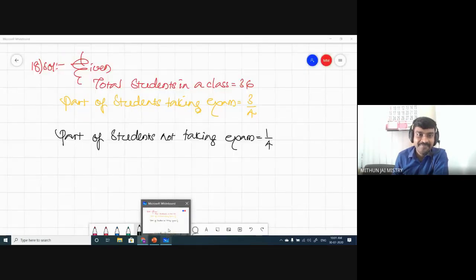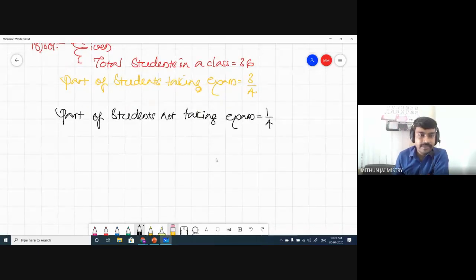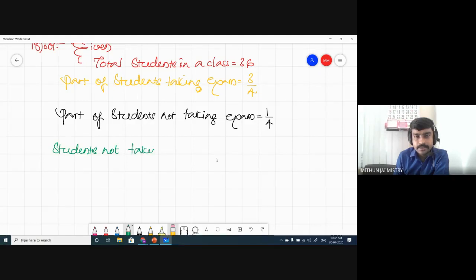Right? So part of students not taking exam is 1/4, Nana, but that's not the question. We want how many students are not taking the exam. So let me write here. Students not taking exam is equal to 1/4 part of 36 students.